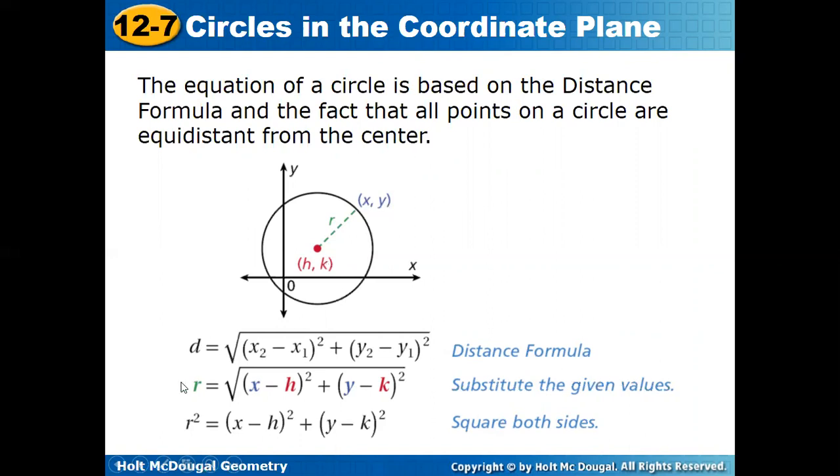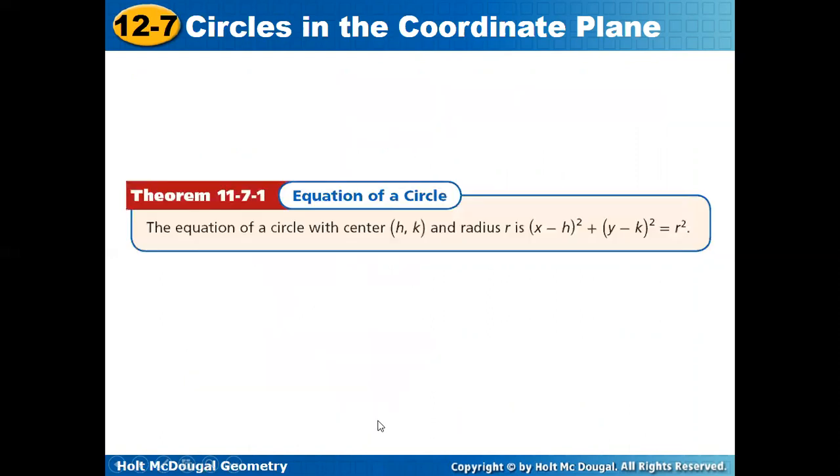Now, square both sides. So r squared equals (x minus h) all power 2 plus (y minus k) all power 2. And this is the first theorem in our lesson.